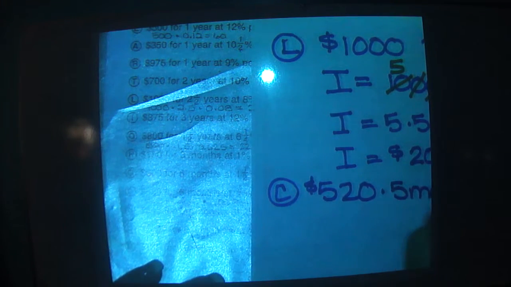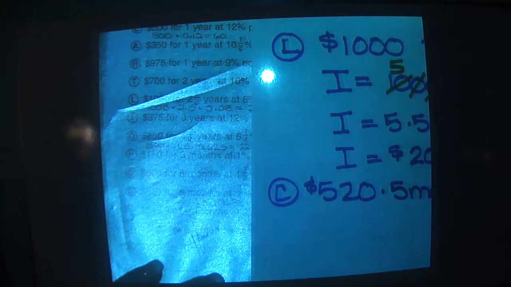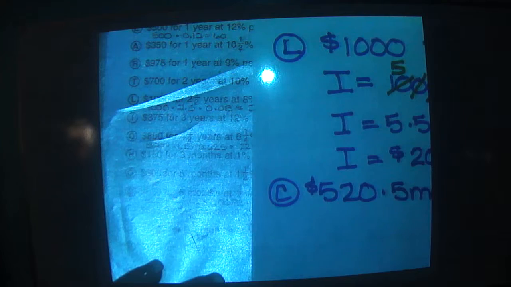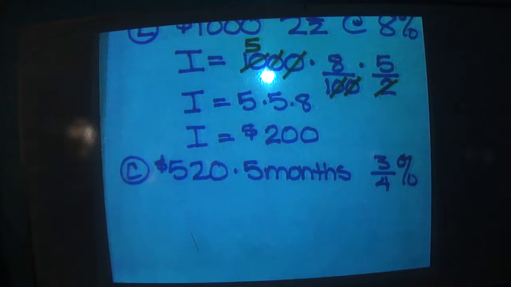Let's look at the letter C. $520, so it's not quite so easy. But I really like doing this: 5 months at 3/4%. Yeah, it's a doozy, isn't it? That's a lot. That's why we did it as a sample.